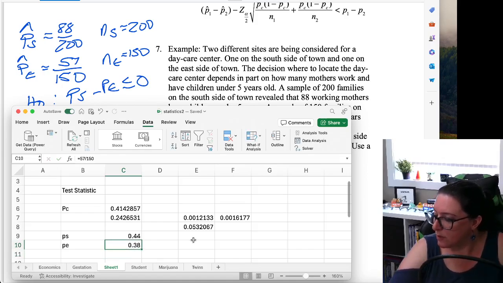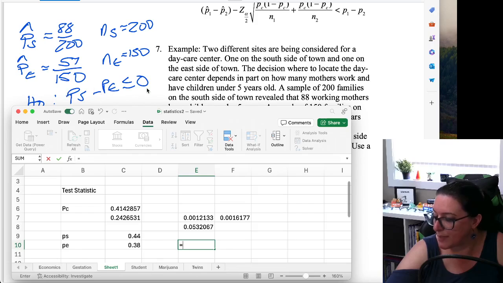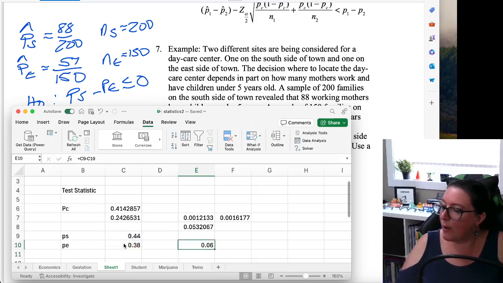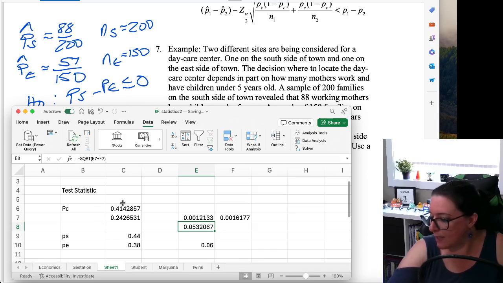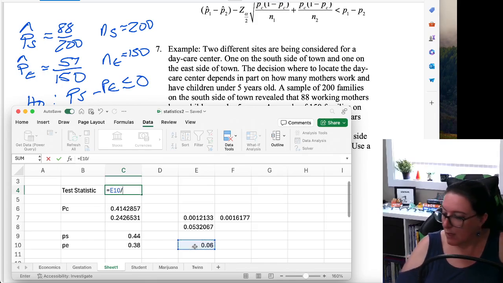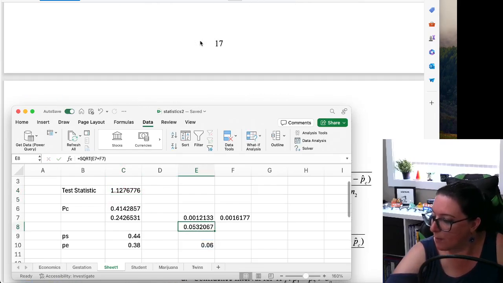The difference between south and east: our estimates were south minus east, and our hypotheses were south minus east. We were hypothesizing that the difference was 0, so we would take this 0.06 and subtract 0 from it. So our test statistic is this number, minus 0, divided by, and just make sure here, that's the bottom of the formula.